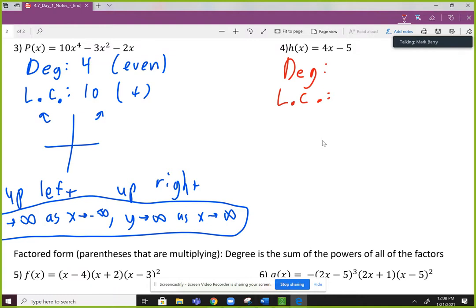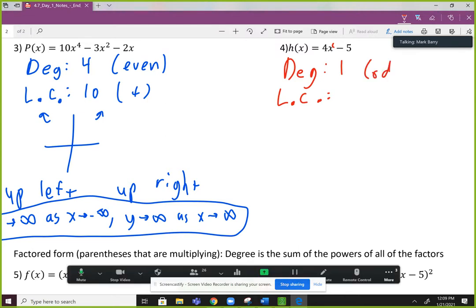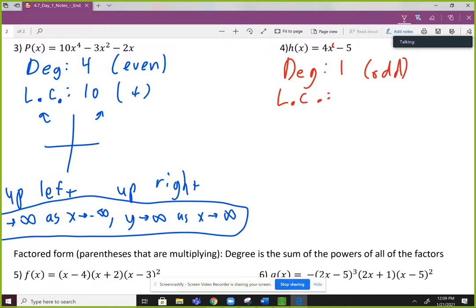Oh, all right. I'll tell you then. This one's degree 1. So remember when you have no exponent on your x, that's really kind of the first power of x. So we're going to call that degree 1, which is in fact odd. The leading coefficient here is 4, which we know is positive.